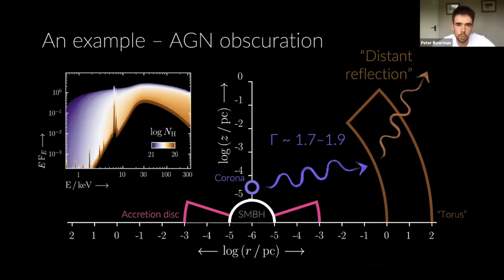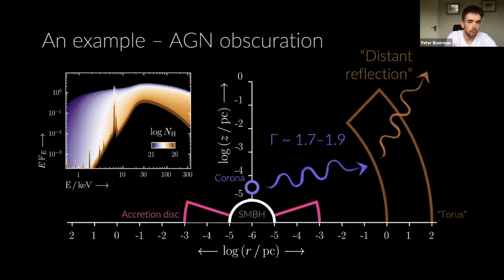It's passing through some obscuration, and as it does that, the X-ray photons are scattered and absorbed. Depending on how much scattering and absorption you can detect in your spectrum, which I'm showing here on the left with this inset, you can predict what the line of sight column density is.